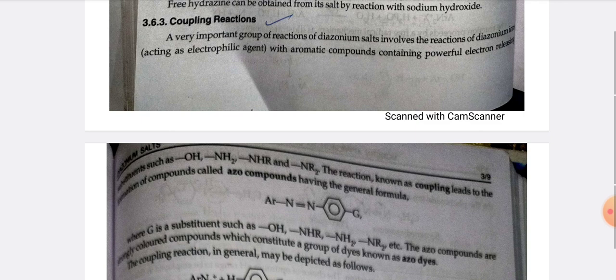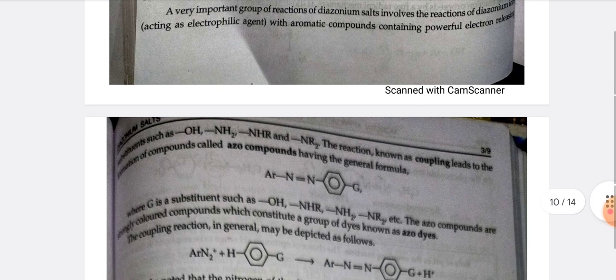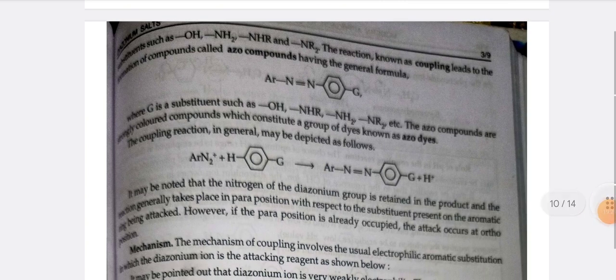The reaction, known as coupling, leads to the formation of compounds called azo compounds having the general formula Ar-N=N-Ar'-G, where G is a substituent such as OH, NHR, NH2, NR2, etc. These compounds are strongly colored and constitute a group of dyes known as azo dyes.